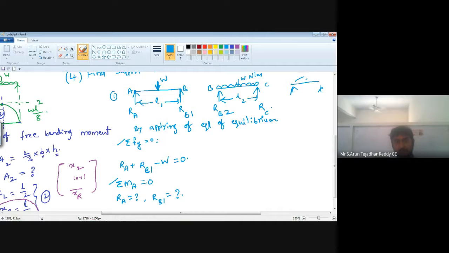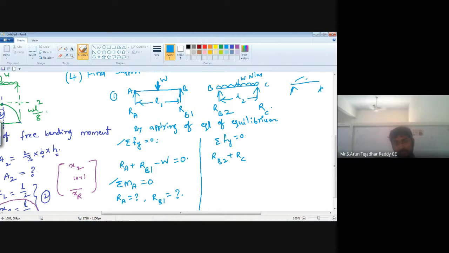Now coming to the second diagram, from B to C, the load is acting on the entire span, a uniformly distributed load. Here also, first of all, apply summation of vertical forces is equal to 0, and the conditions are the same. All the upward forces are taken positive, all the downward forces are taken negative. Here RB2 and RC are in the upward direction, so RB2 plus RC.